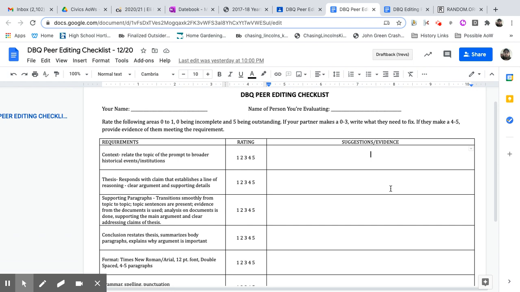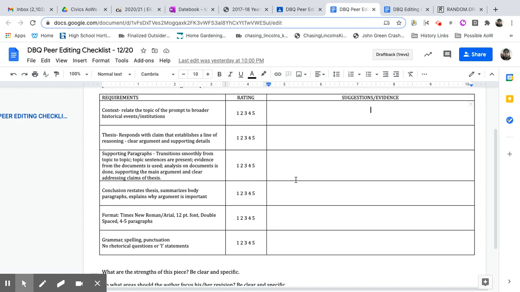So to do this, it's simple. Write your name at the top. Write the person you're evaluating at the top, and then you're just going to go through their paper piece by piece. So for the context portion, that should be in their introduction. It should come first.